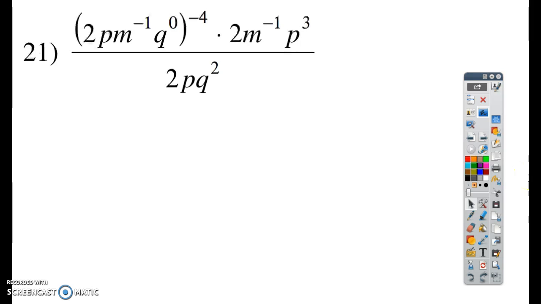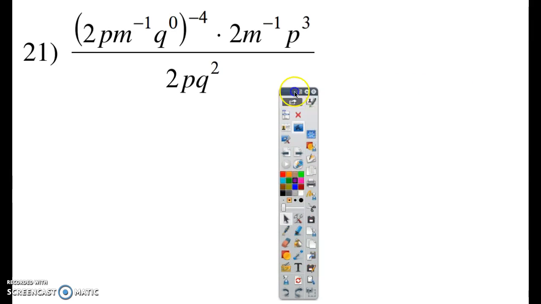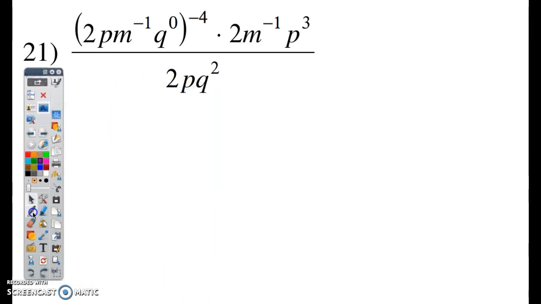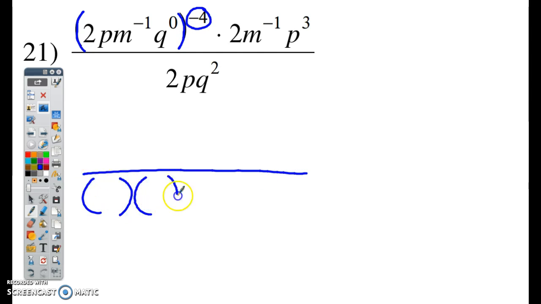Okay, you're going to have to expand a few times for this one as well. So the first thing that I would expand is this whole thing is to the negative 4 power. So you would bring it to the bottom and make it 4 times itself.